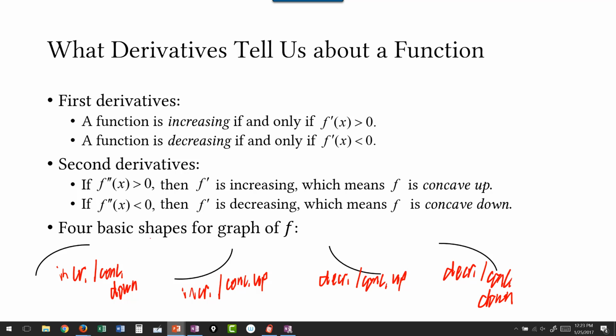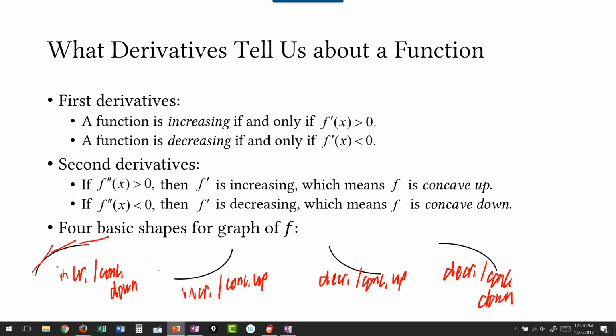And it's also useful to connect the idea of the function's derivative increasing or decreasing to the concavity. If we look here, if I draw a tangent line to the function graph, notice how the tangent lines are getting less and less steep as we move to the right.